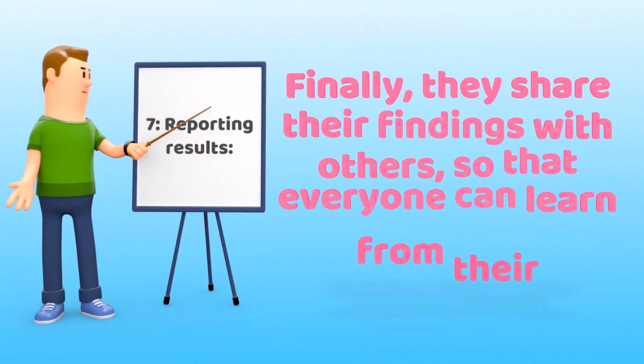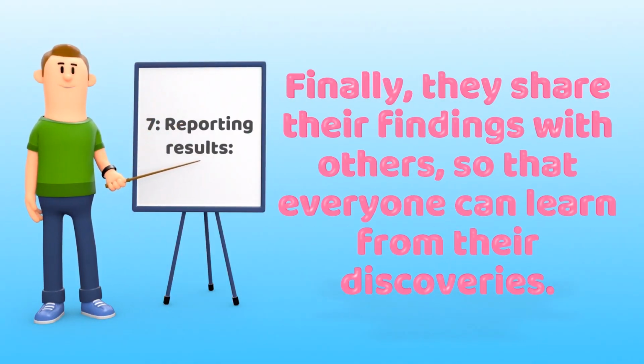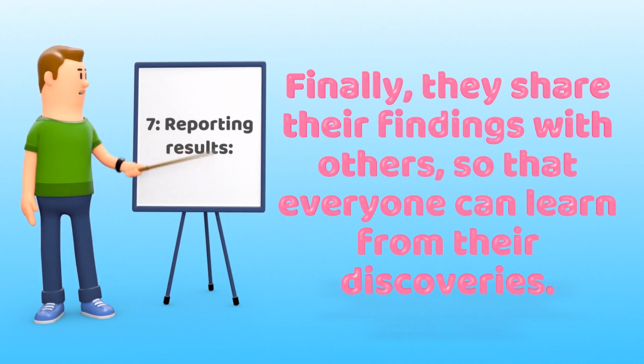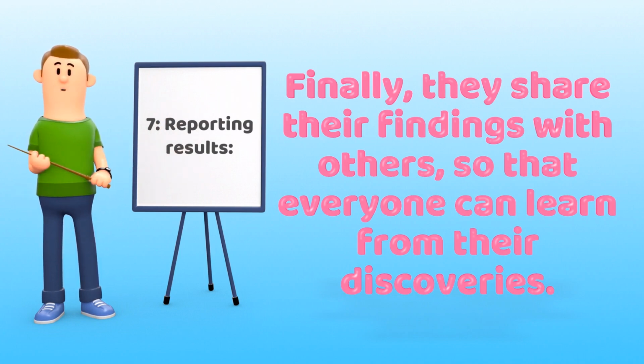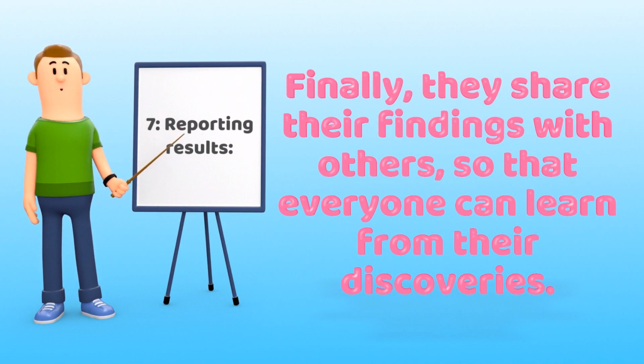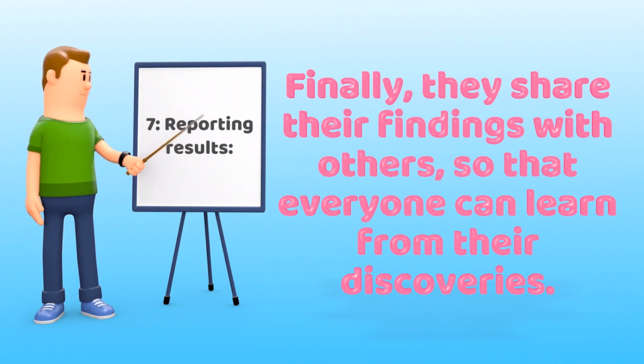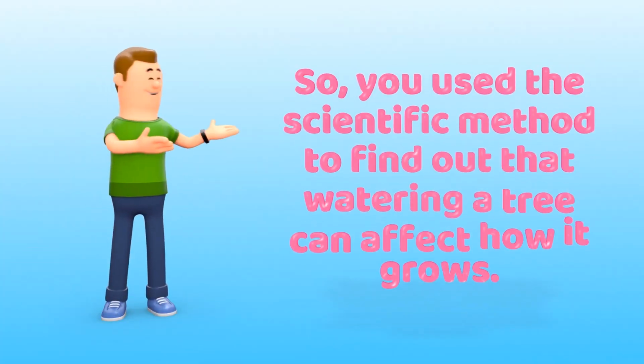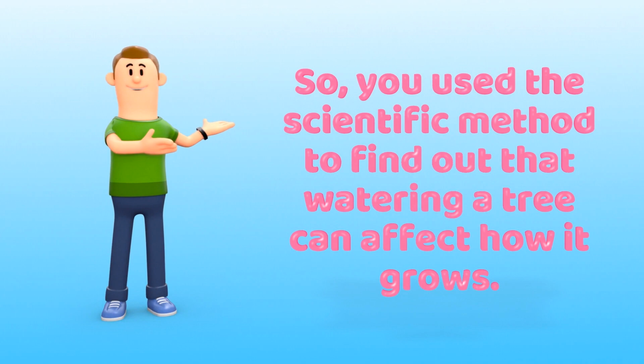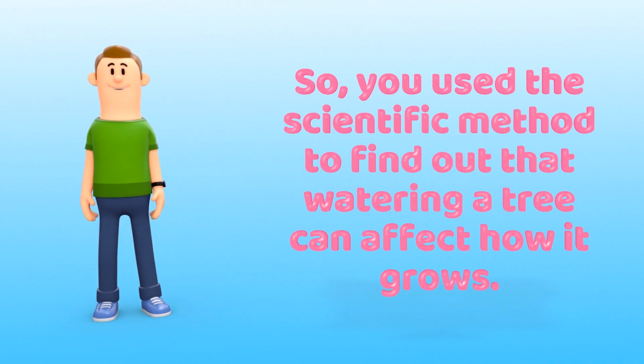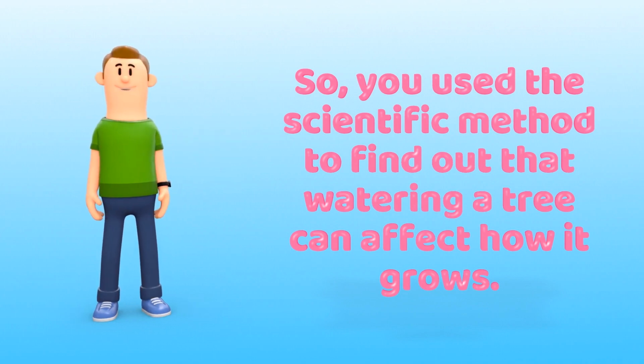The seventh step is reporting results. Here, we share our findings with others so that they can learn from the discoveries we have just made. So now, as you can see, you have used the scientific method to find out that watering a tree can affect its growth.